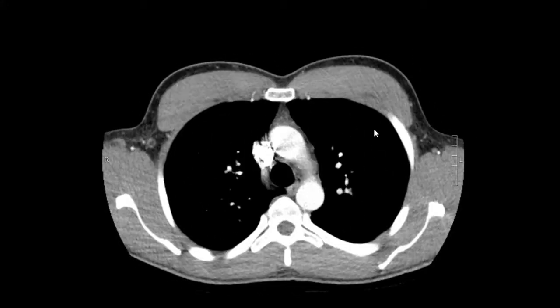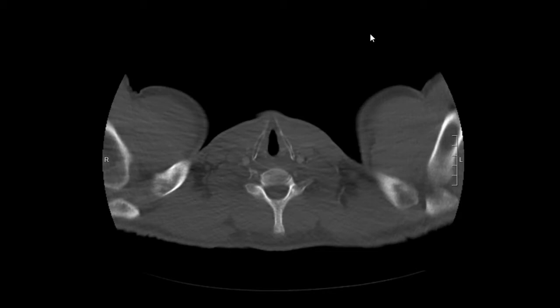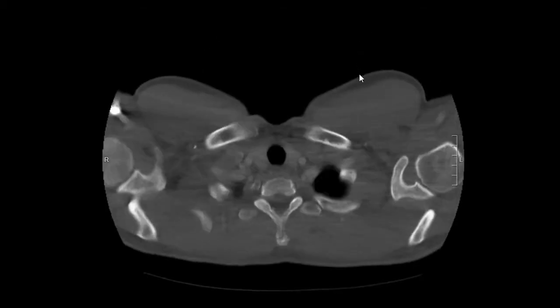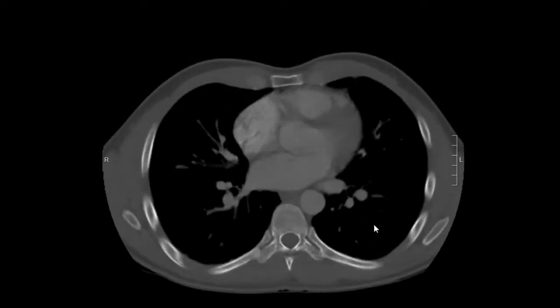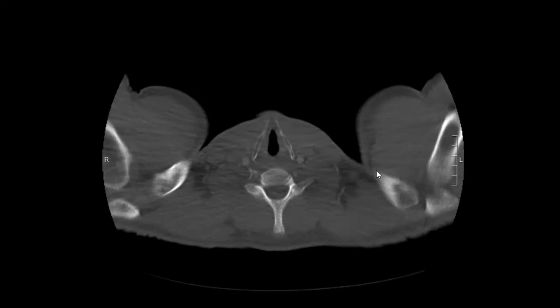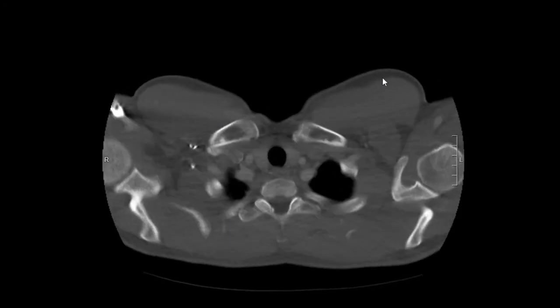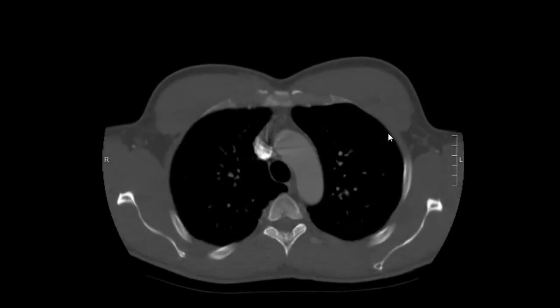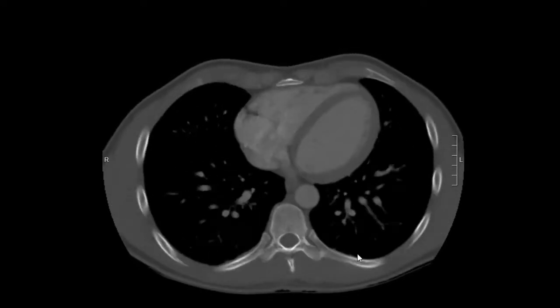Last thing I'll do, we'll come back up to the top, and we'll look at the patient in bone window. So I'll start off with the right shoulder, left shoulder, the clavicles coming medially towards the midline, the manubrium and sternum.